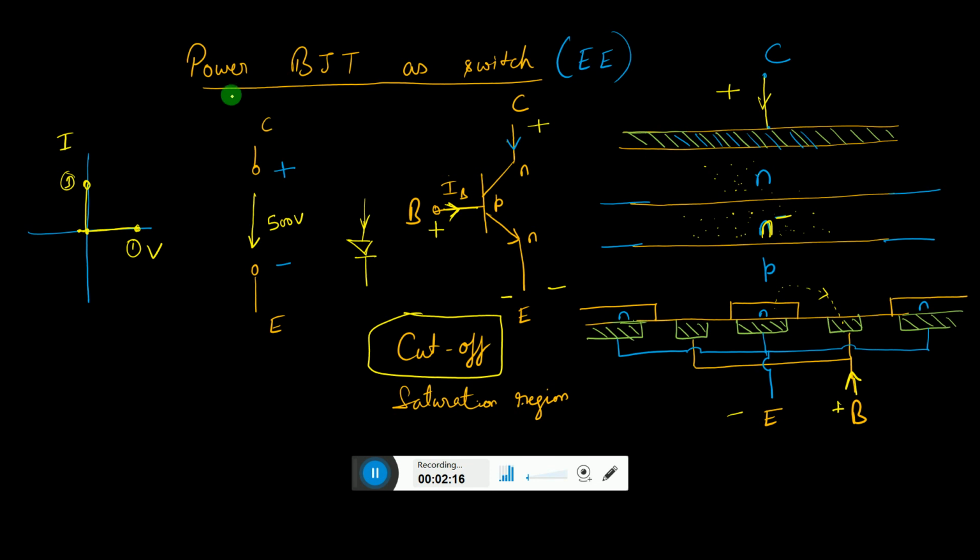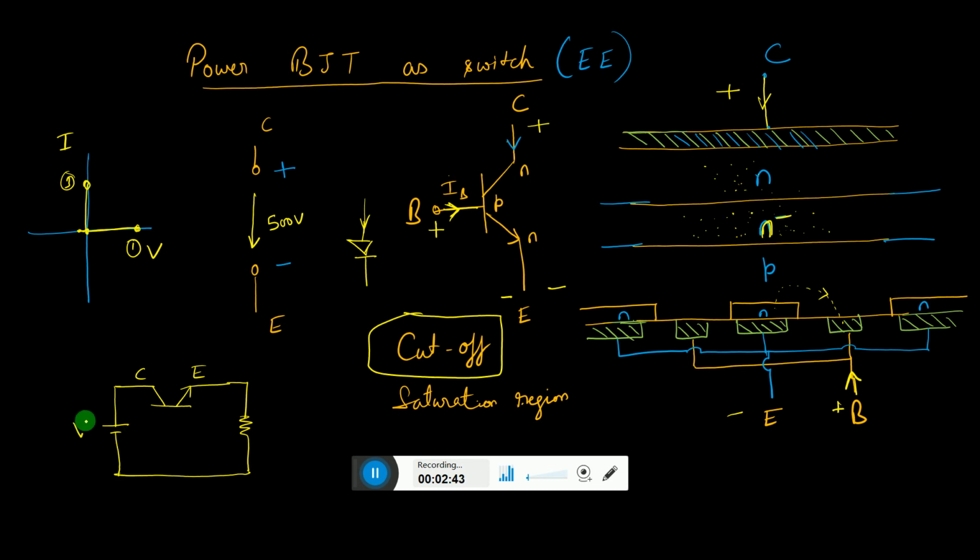So let us take one of the switches, the power BJT, and here the switch is between collector and emitter. If I draw a diagram here, with a collector and an emitter, this will act as a switch if a load is connected on the other side, and we give a supply voltage from here.